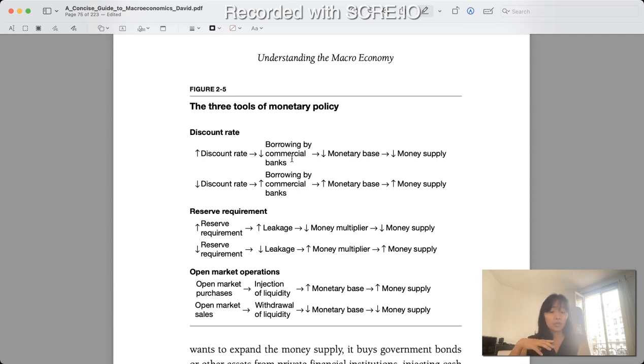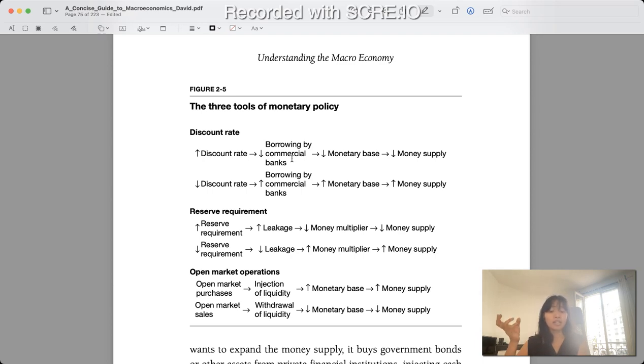The reserve requirement is the amount of money that the bank should hold when lending out. So, when the reserve requirement is higher, there will be greater leakage, less money multiplier, less money supply. But when the reserve requirement is lower, there will be less leakage, more money multiplier, and more money supply.